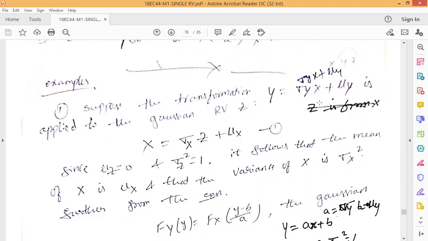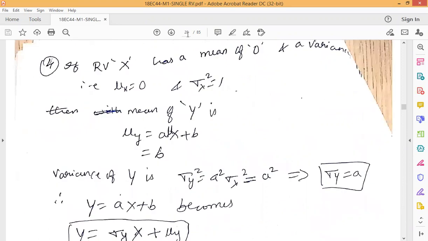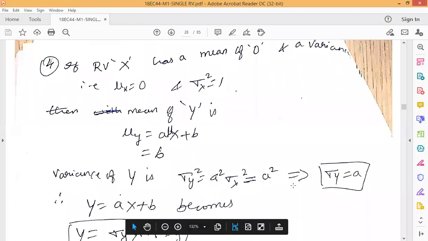So we have obtained this equation, and for that you can go to page number 28 of the notes I have given, where this derivation has been given and also explained in the class. If we consider a random variable x with a mean of 0 and a variance equal to 1, then we get mu_y is equal to b as well as sigma_y is equal to a.